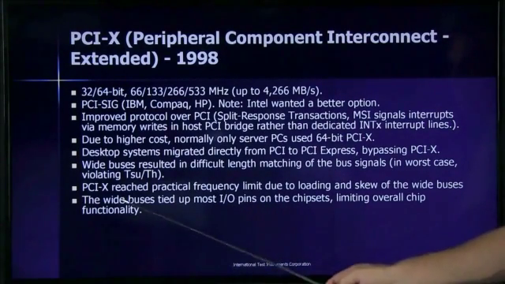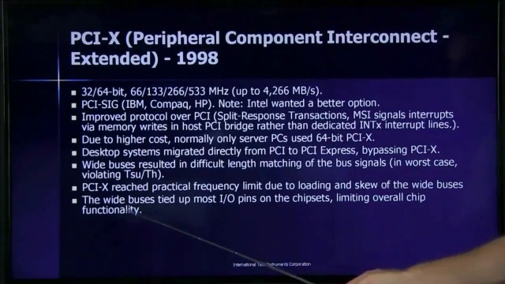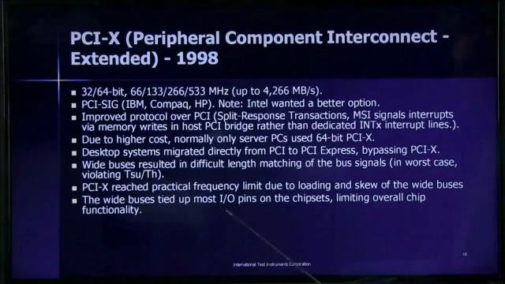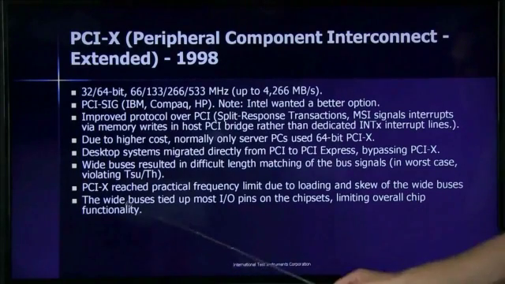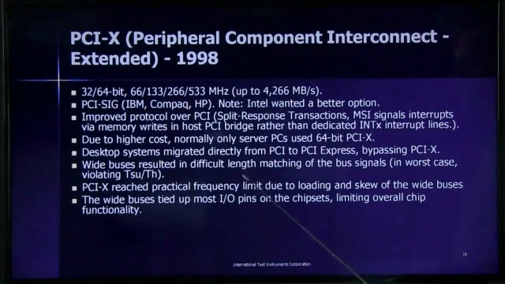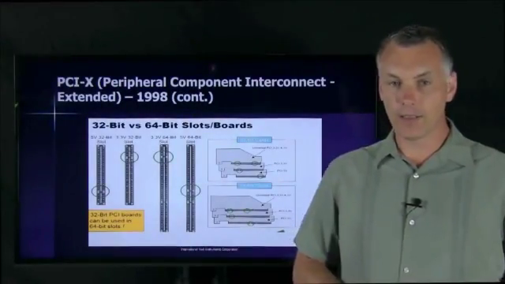And also one of the issues with wide buses in general is that it ties up a lot of I/O pins on the chipset, which limits the overall chip functionality. That's one of the main features in PCI Express that we'll talk about later: it only uses 2 signals per direction for a very high frequency serial bus instead.